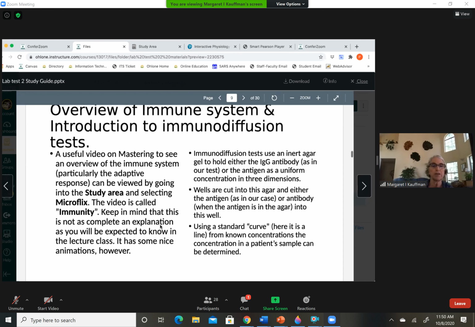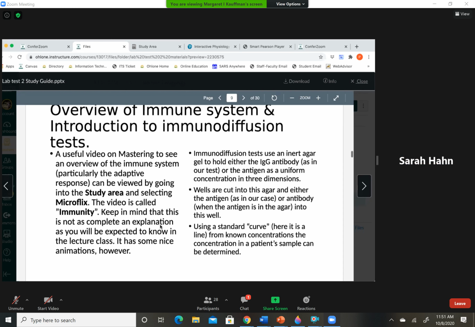But what they do is something called an Ouchterlony test. There is a discussion about the advantages and disadvantages, or the context that you'd use, the Ouchterlony immunodiffusion test versus the one that we are doing called a radial immunodiffusion test.